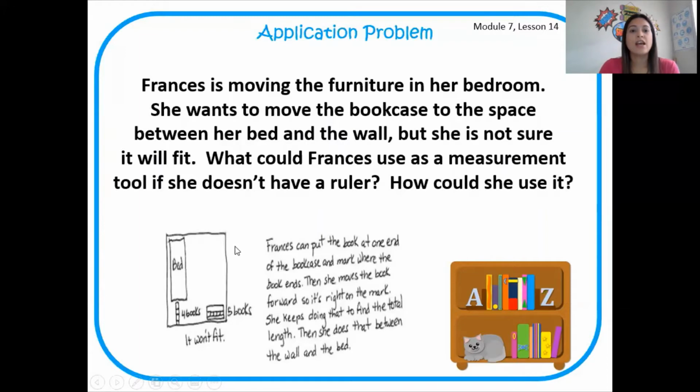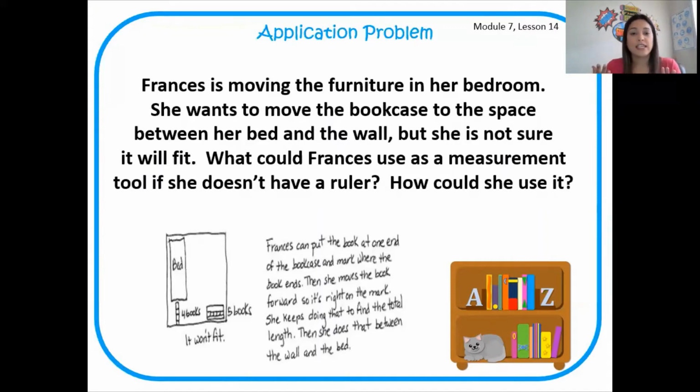My answer was Frances can put the book at one end of the bookcase and mark where the book ends. Then she moves the book forward so it's right on the mark. She keeps doing that to find the total length. Then she does that between the wall and the bed. That sounds kind of confusing, right?